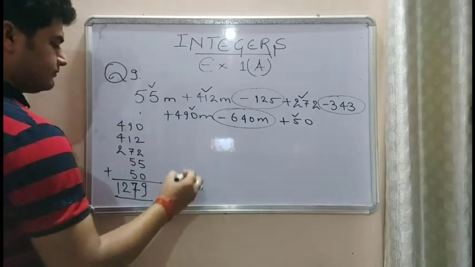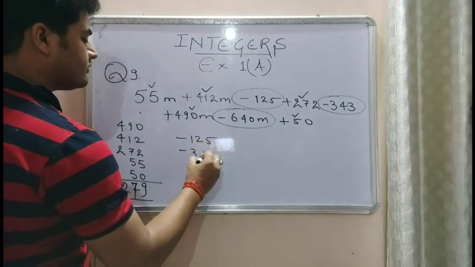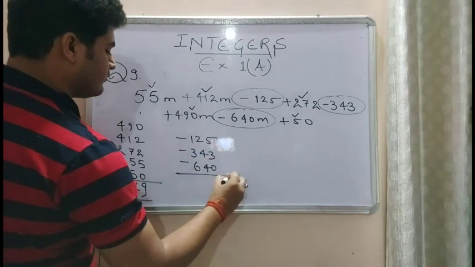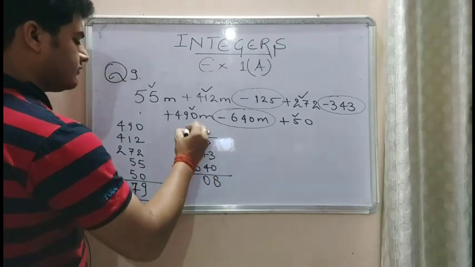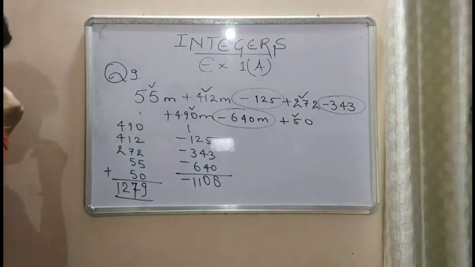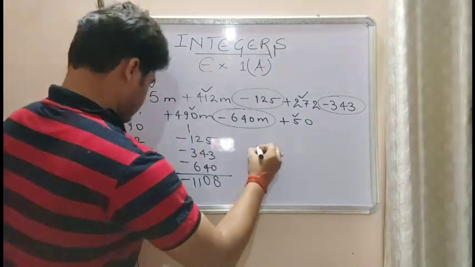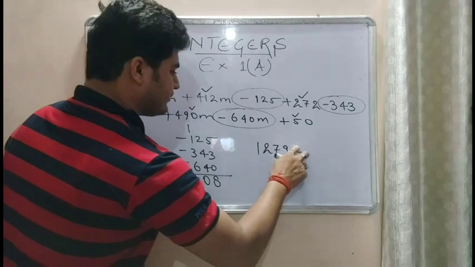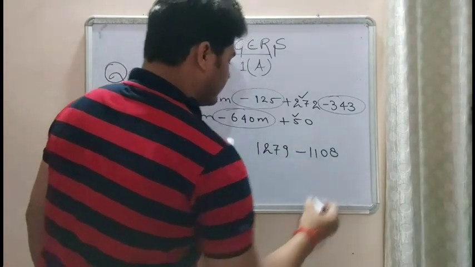Add the negative values together. Minus 125, minus 343, and minus 640. So you get 8, 4 plus 4, 8 to 10, 6 to 8, 3, 11, and minus. Now one of them is positive, 1279, the positive ones, and the negative values on adding them we get 1108.